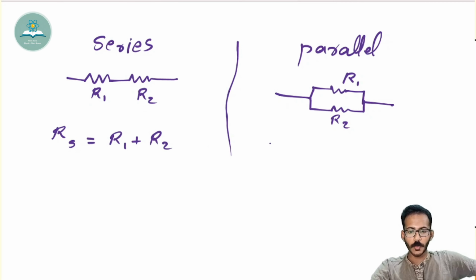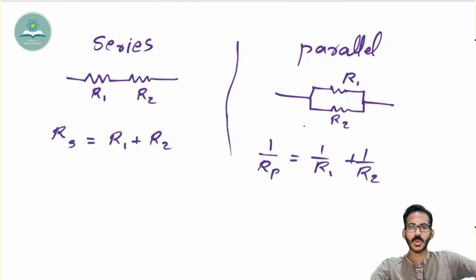Here, in the case of parallel connection, the equation is slightly different. That is 1 by Rp is equal to 1 by R1 plus 1 by R2. So if I have two resistors there, then I should take the reciprocal of it. One more main thing is, at the end of the equation, don't forget to take the reciprocal again.